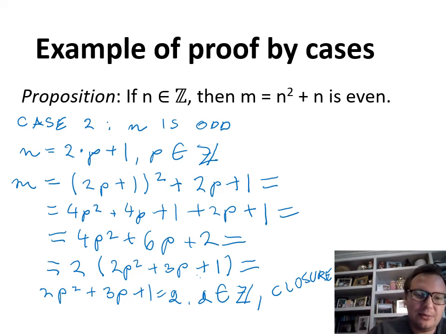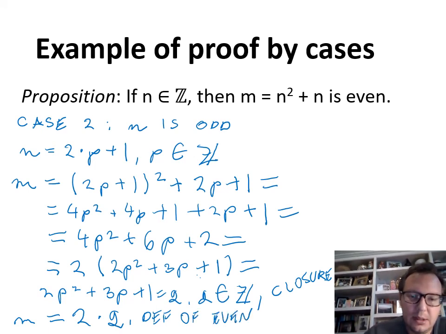And once we do that, we get that m is equal to 2 times q. And from the definition of even, we know that m is even.